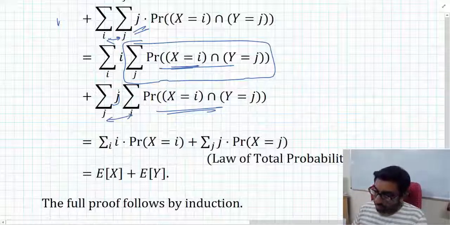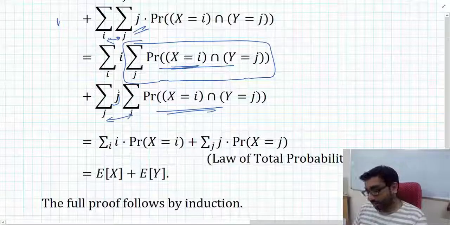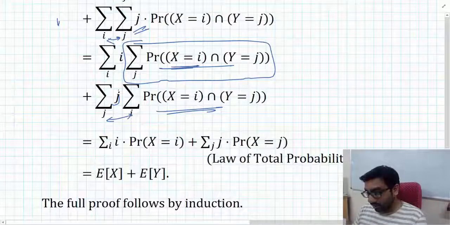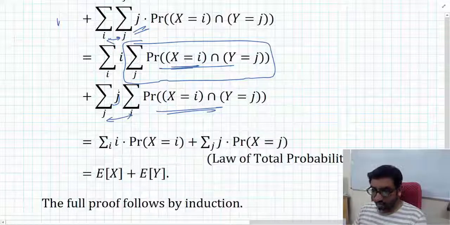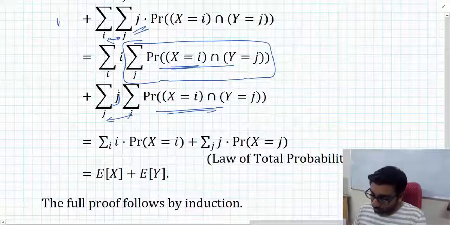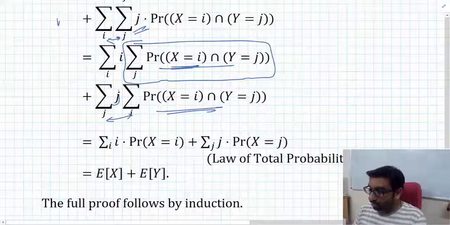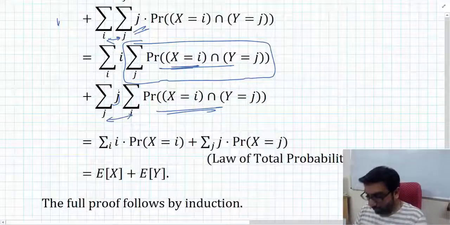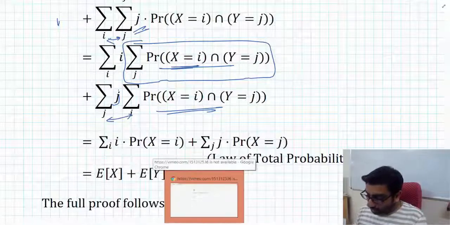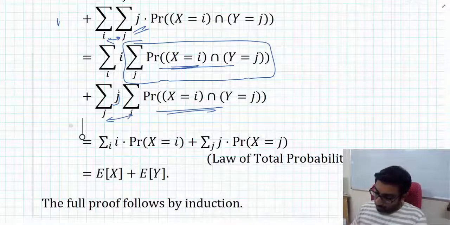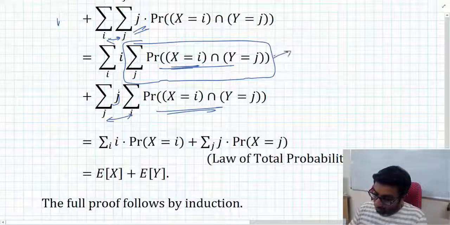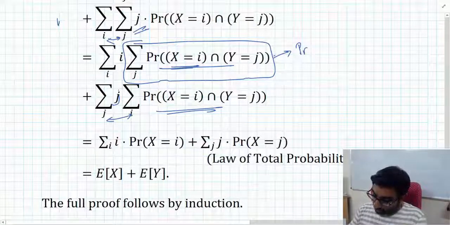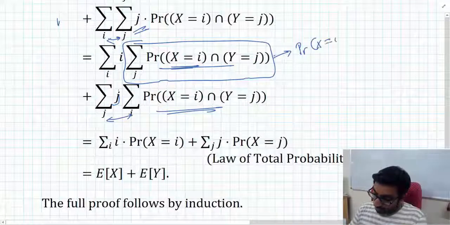And this event X equal to i is intersected with the events Y equal to j for various values of j. And the events Y equal to j for various values of j are all disjoint because Y can only take one of them at any time. And so we can apply the law of total probability. If we apply the law of total probability, this whole term simply becomes the probability of X equal to i.